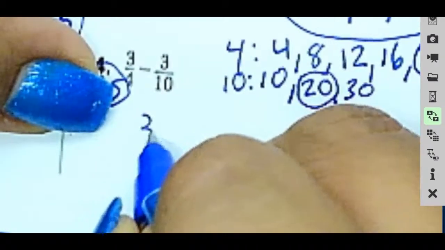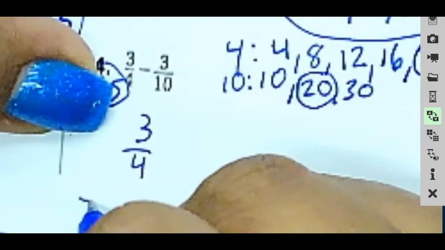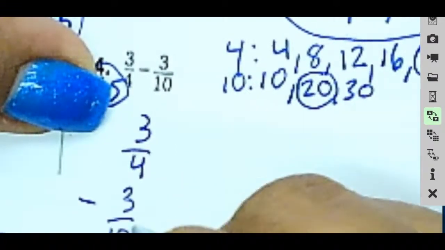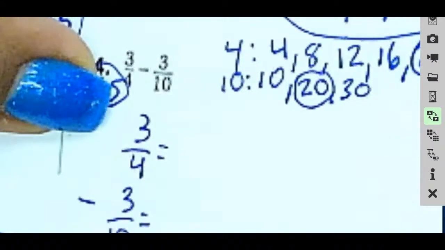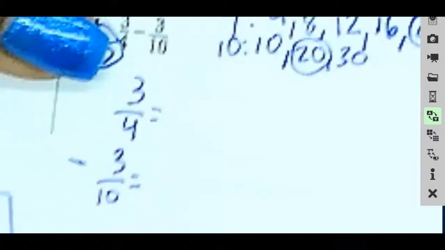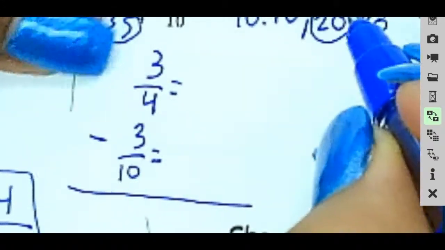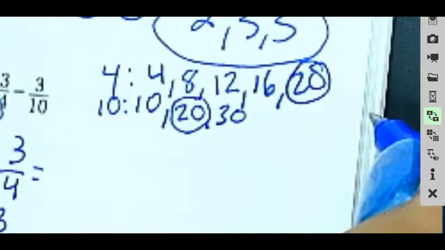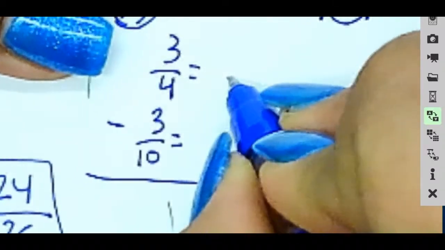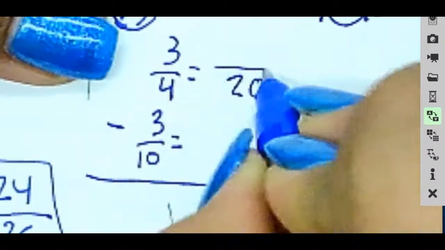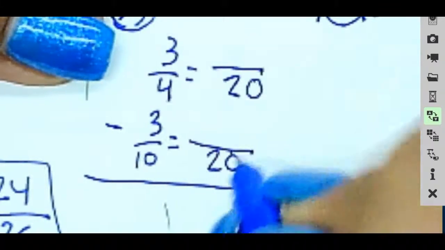Okay, so 3/4 minus 3/10. Okay, so I put the equal sign next to each one, just so that you know that I'm looking for my equivalent fraction. And my common denominator, I said it was 20, so I'm going to write 20 here and 20 here for my denominators.